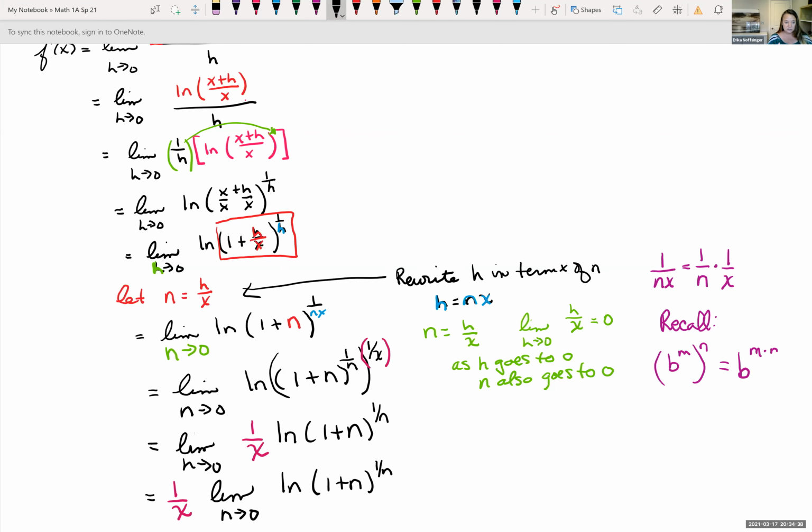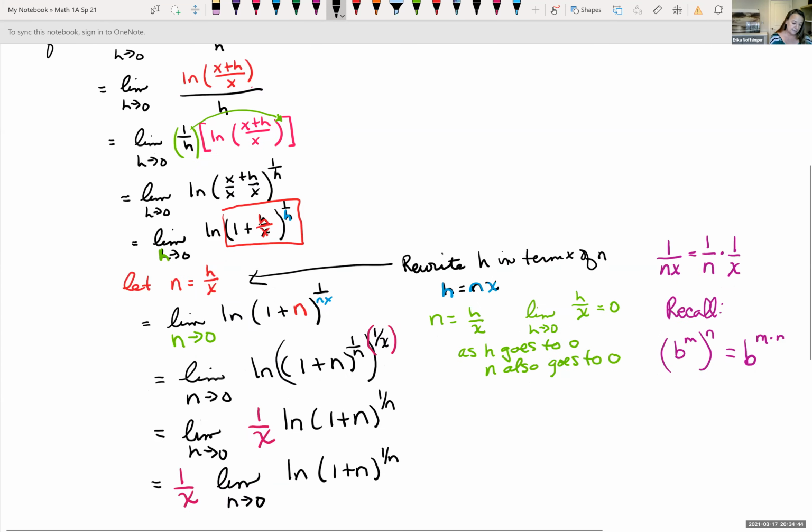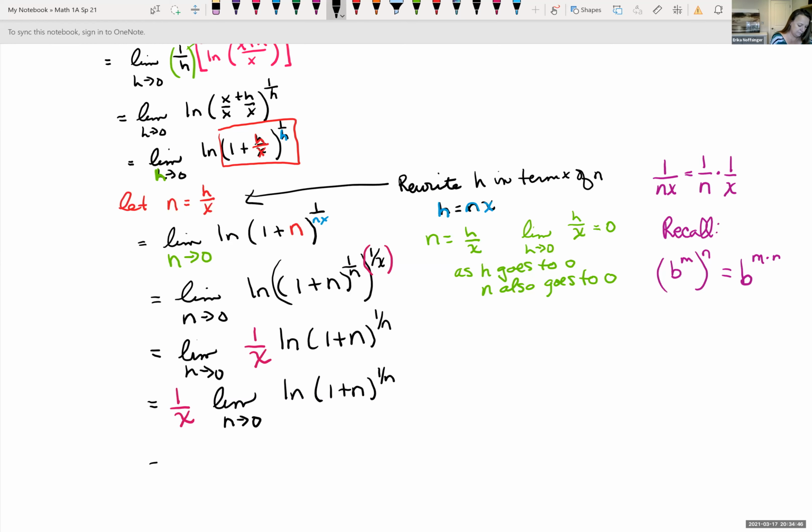If we have a composition of functions and we're taking the limit and that outer function is continuous, then we can break it down where we take the limit of the inner piece. So we have 1 over x, limit as n goes to infinity. I'm sorry, not infinity, 0.